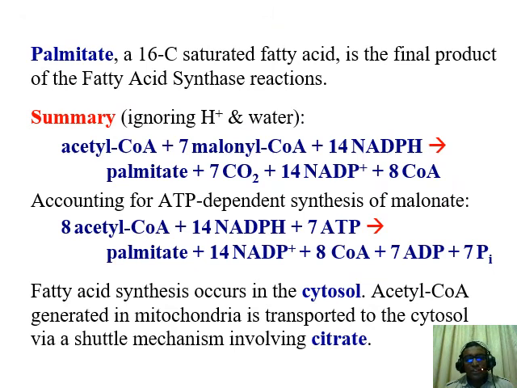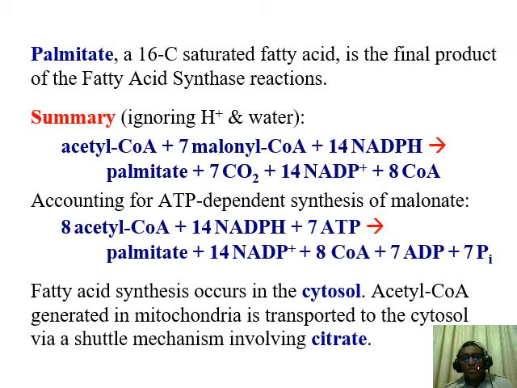So here is the summary of what we have achieved. If you look into just one acetyl CoA and 7 malonyl CoA, that is the reaction done by fatty acid synthase, meaning to form palmitate using 14 NADPH. So you get the reaction as shown above.